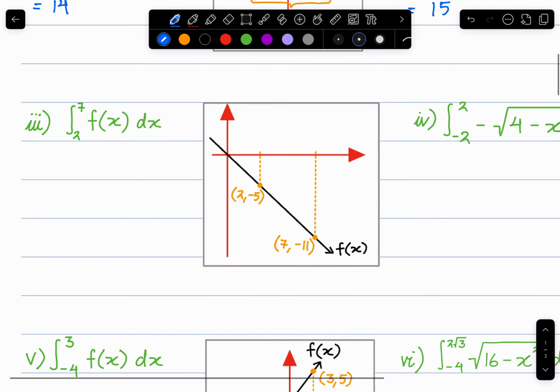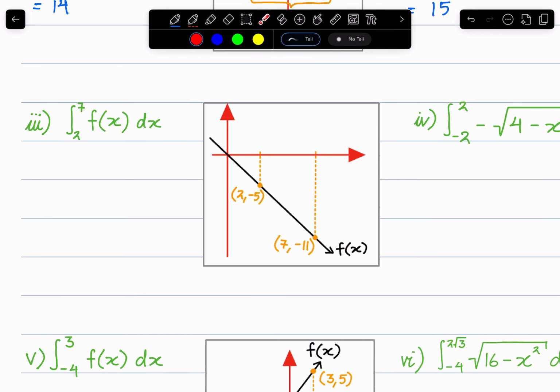Here we have the definite integral from x equals 2 till x equals 7 of this linear function. You can see I've already dotted out what we're looking for. We're looking for the area of this shape here.